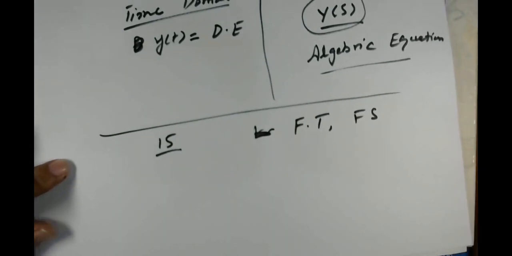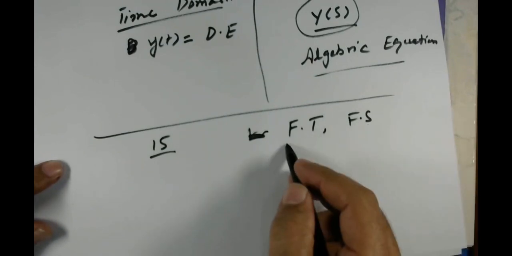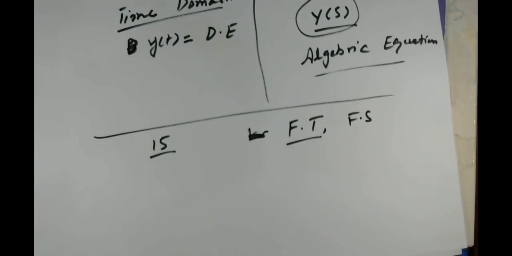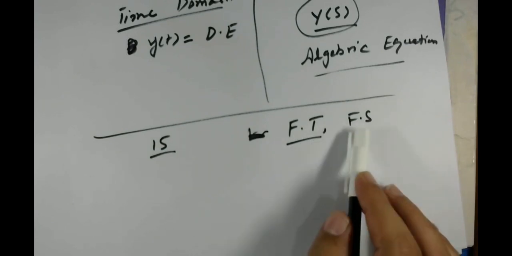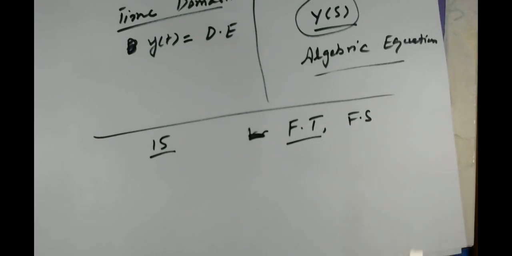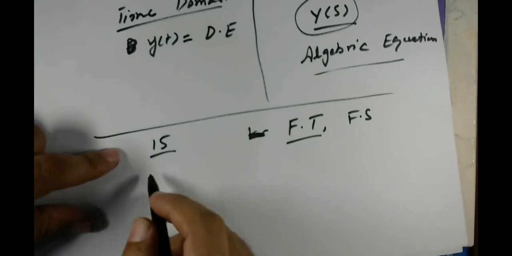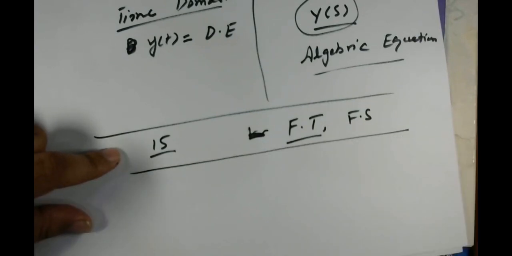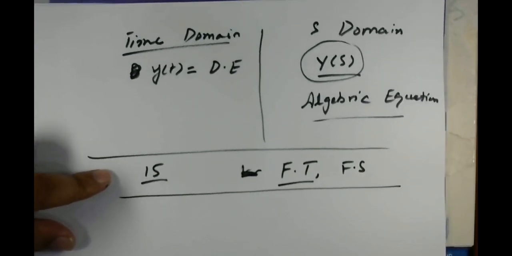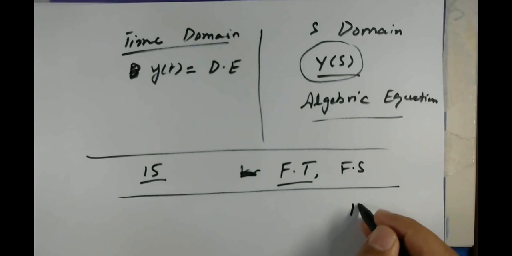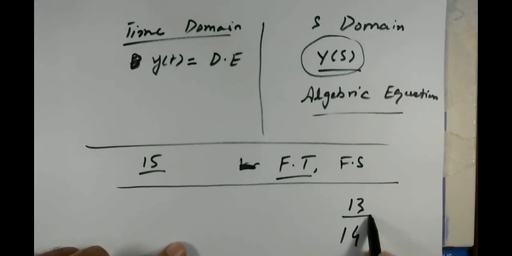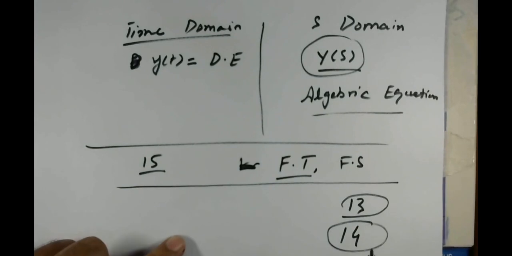We will not go to the depth, but we will try to learn the basics of the Fourier transform and Fourier series, and that will be our last chapter to cover. By the end of this week, I'll send you an assignment from chapter 13 and chapter 14, and you will need to submit those assignments by the deadline given.